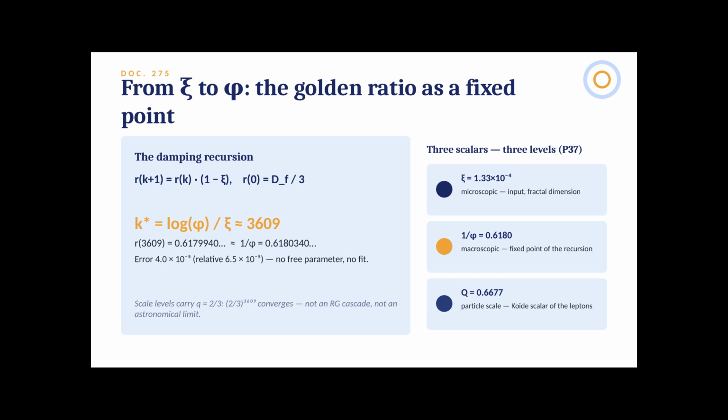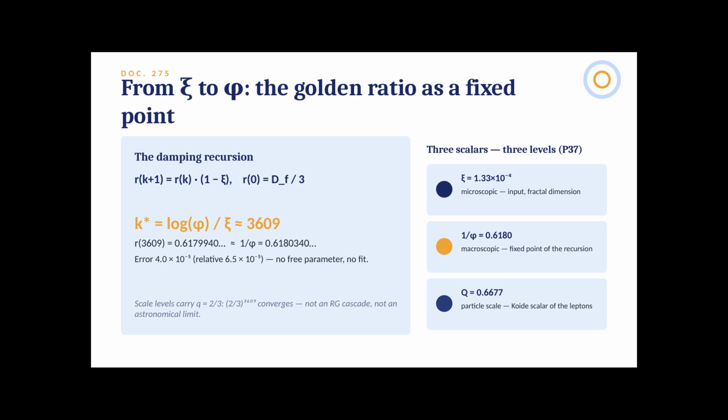Ask when it passes the golden ratio's reciprocal, and you get a step number, k star, of about 3609. At that step, R equals 0.61799, which is astonishingly close to 1 over phi, phi being the golden ratio, at 0.61803. The error is just 4 times 10 to the minus 5, tempting to call it deep.